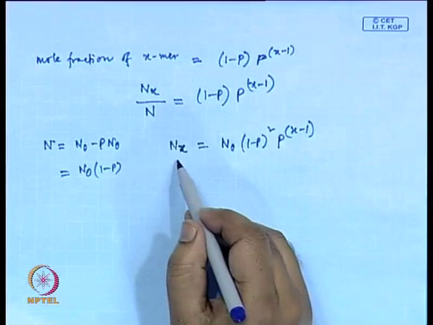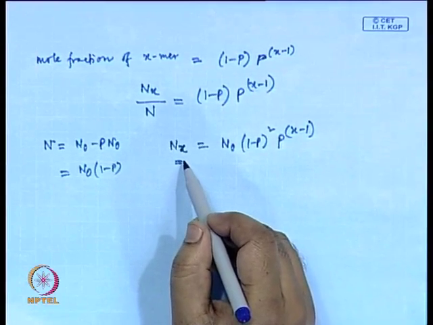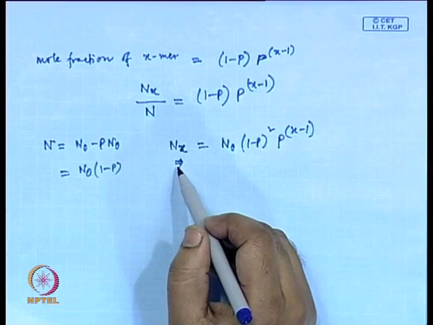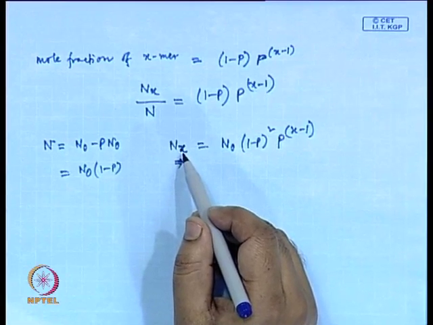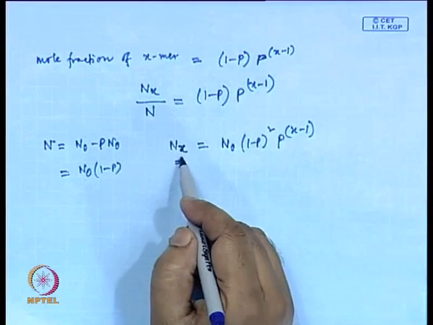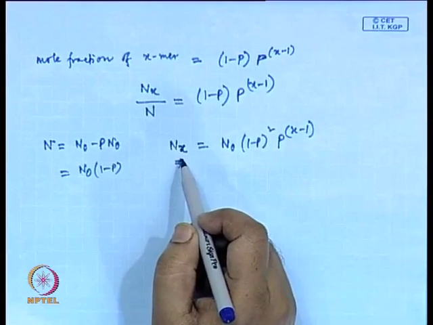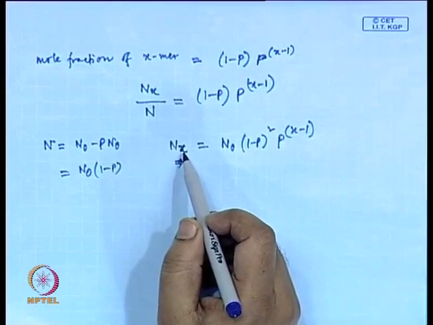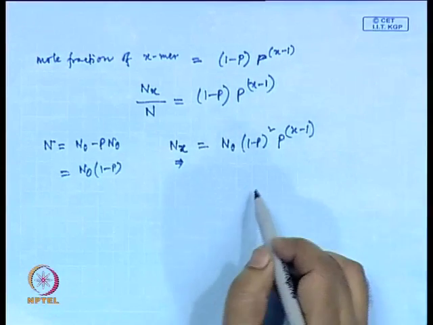This is the number of molecules or chains present at any time having x number of structural units.